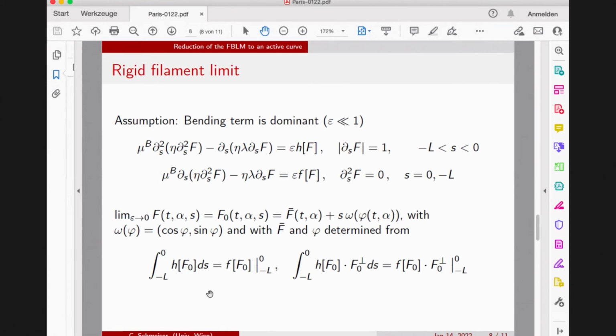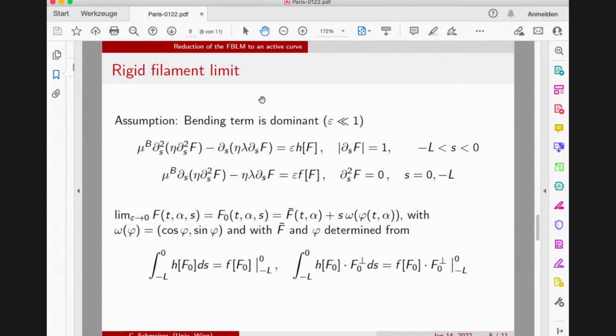The first step is to simplify the mechanics somewhat by going to the rigid filament limit. That means we assume that the bending rigidity, the resistance against bending, is very strong.